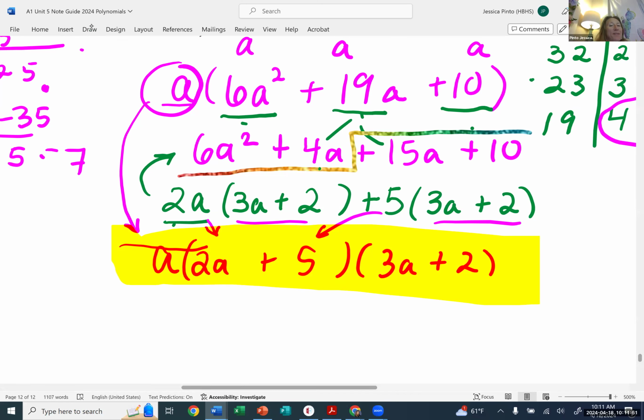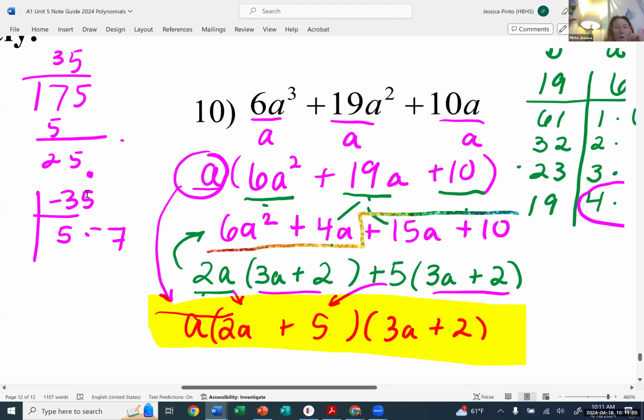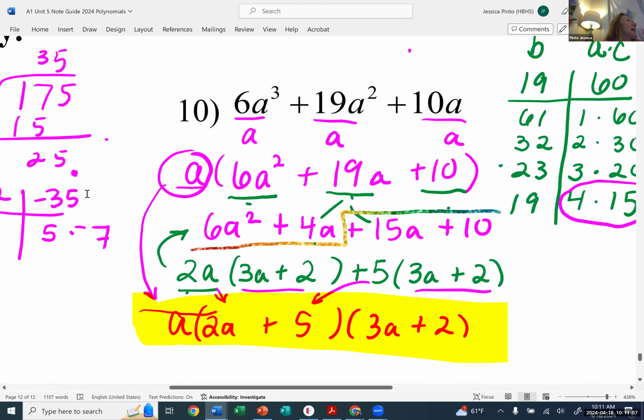So what were the steps that we did? Let's look it over to summarize. We started by taking out the GCF. Then we had a trinomial with a lead coefficient.